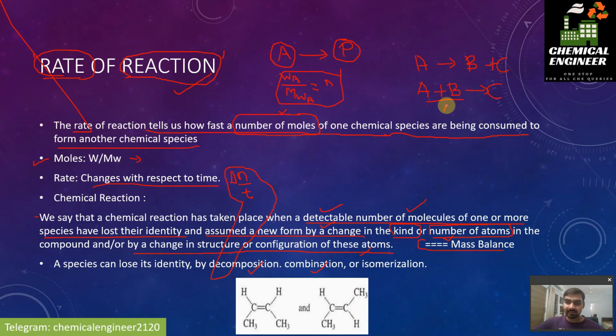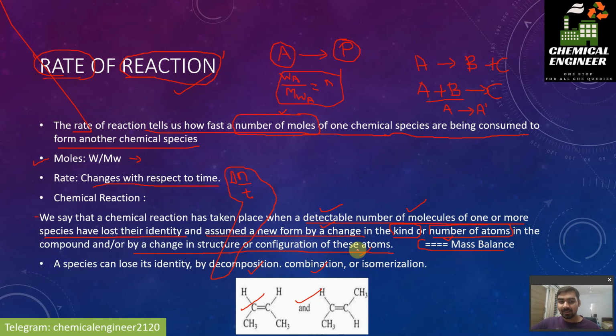And isomerization is nothing but a change in configuration, like A will be A but having different properties, we call it A dash, like cis and trans isomers for butane.